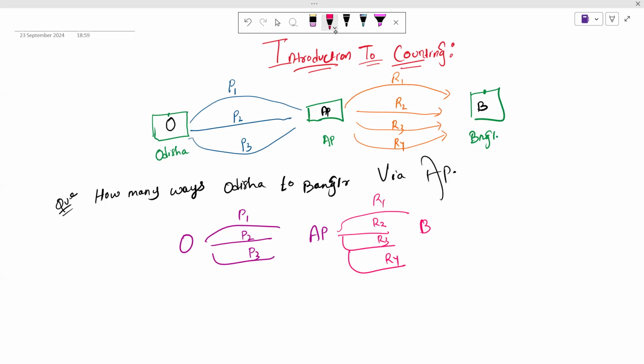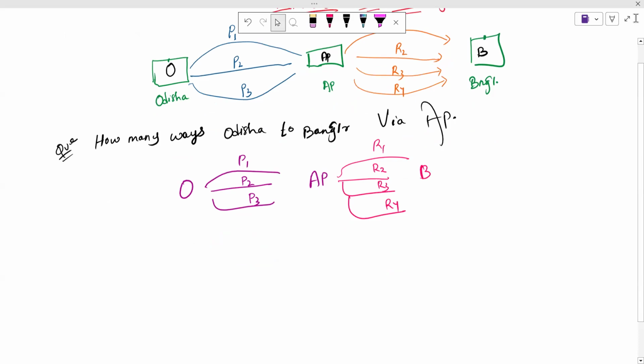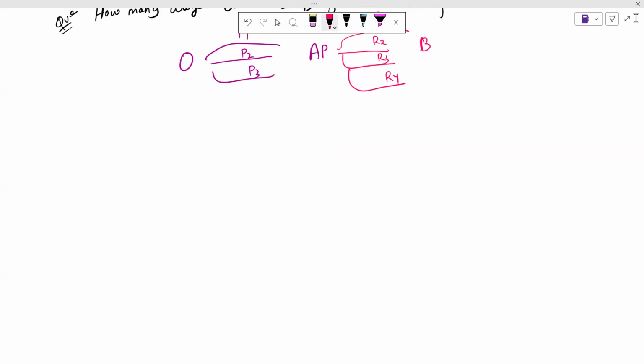We can also write it like this: P1, P2, P3 is the Odisha to Andhra Pradesh path, and the Andhra Pradesh to Bangalore path is R1, R2, R3, and R4.